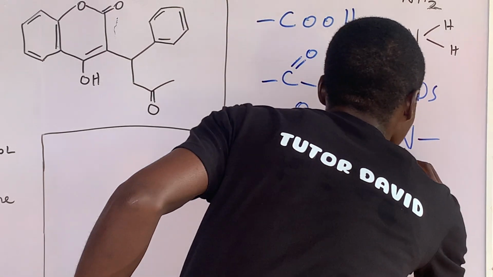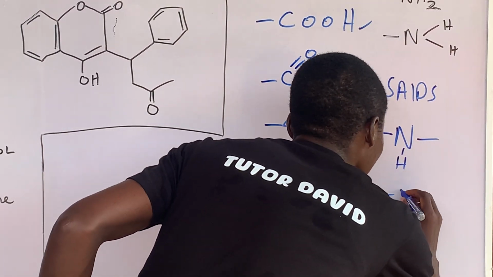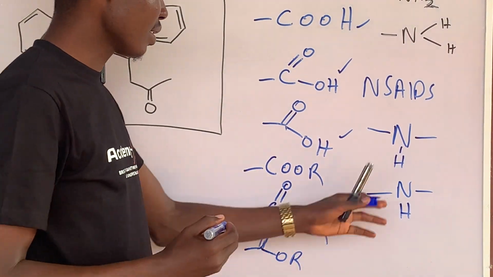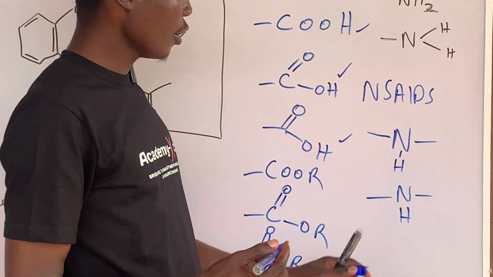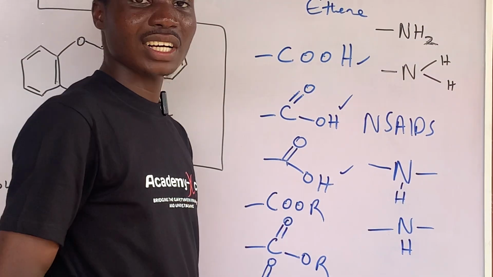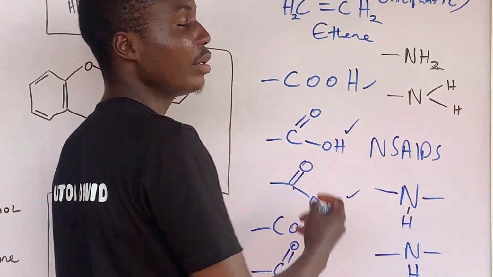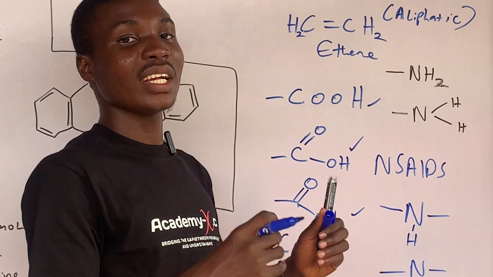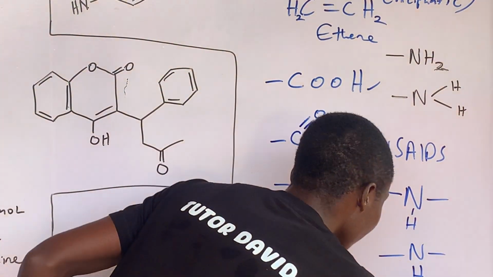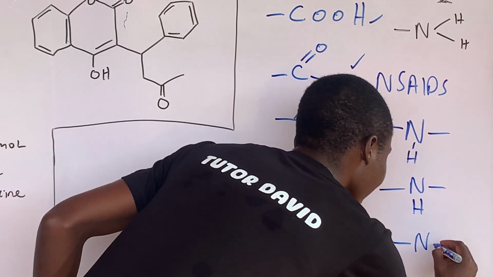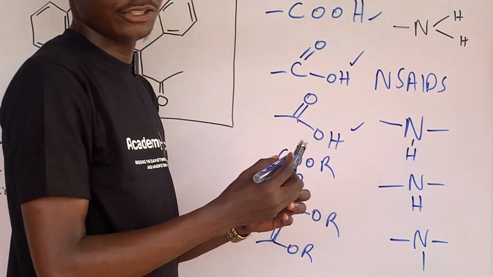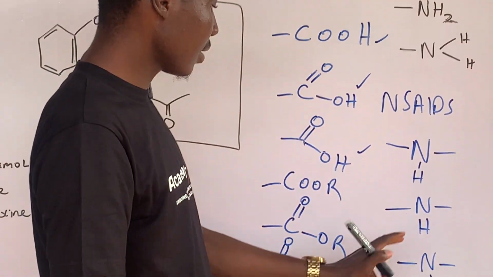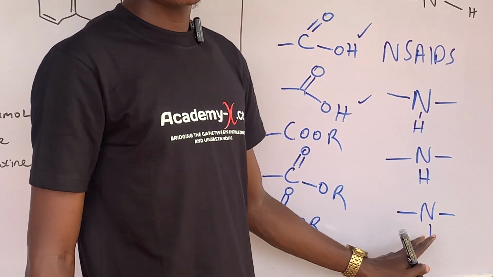Sometimes you can represent it as N with the H written together. This is the same thing. This is a secondary amine where the nitrogen is bonded to 2 different carbons, while in a primary amine it's only bonded to 1 carbon. In a tertiary amine, the nitrogen is bonded to 3 carbons, so there is no hydrogen attached to it. So this is primary, this is secondary, and this is tertiary.